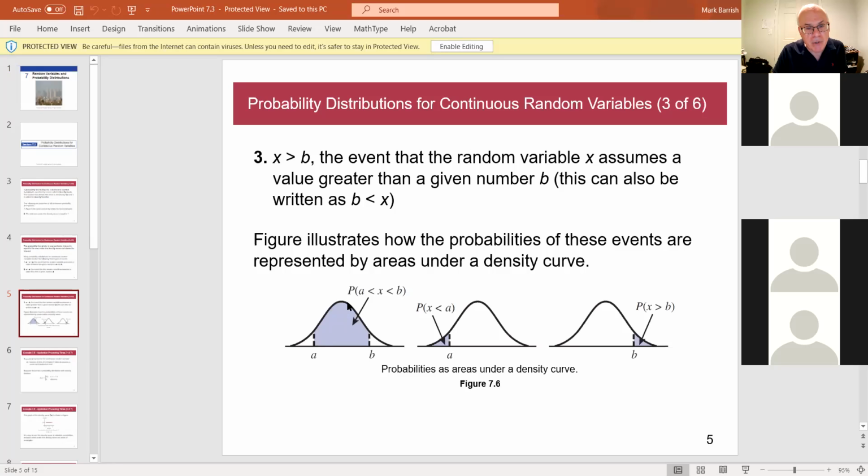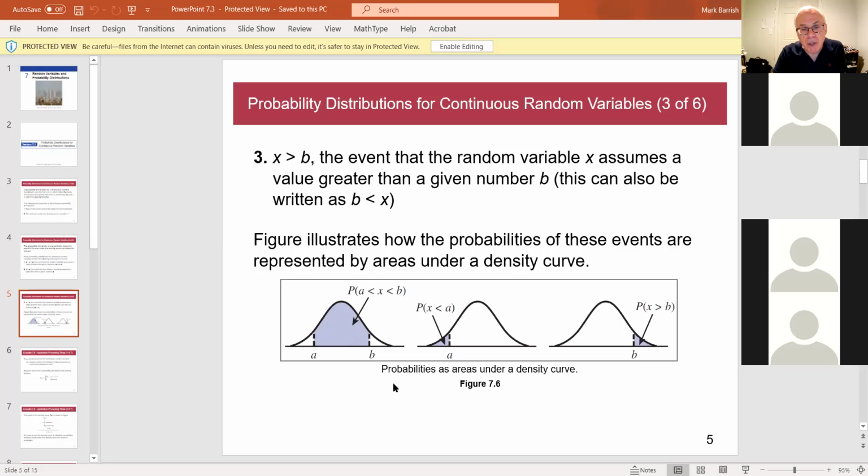The shaded area is the area under the curve. Here's your curve. The area under it goes down to the x-axis. That area is what we're talking about, and that is a probability for one of these functions. Probability x is less than a would be to the left of a. The probability x is greater than b would be to the right of b.